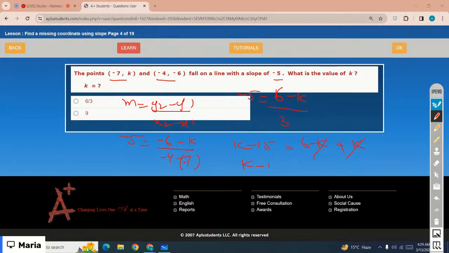So you are left with k minus 15 equals negative 6. So k equals negative 6 plus 15. 15 minus 6 is 9. So the missing point k is 9. Got it? The correct option is 9.